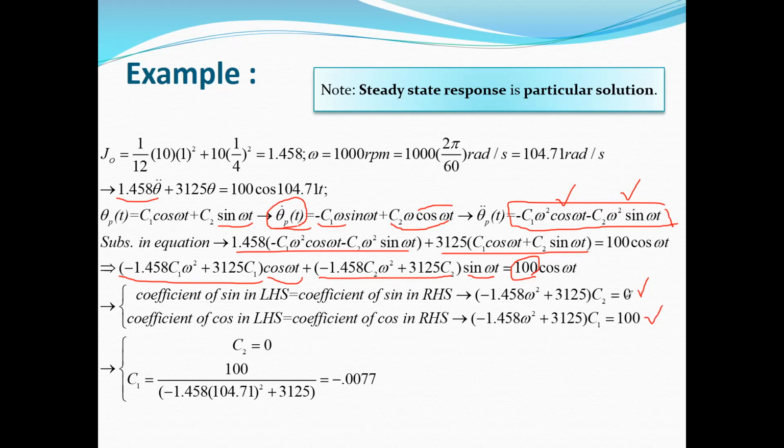Now we can solve these two equations to obtain C1 and C2. From the first equation we can conclude that C2 is equal to 0, and from the second equation we can conclude that C1 is equal to minus 0.0077. Okay, so this is the steady state response, or the particular solution for this system.